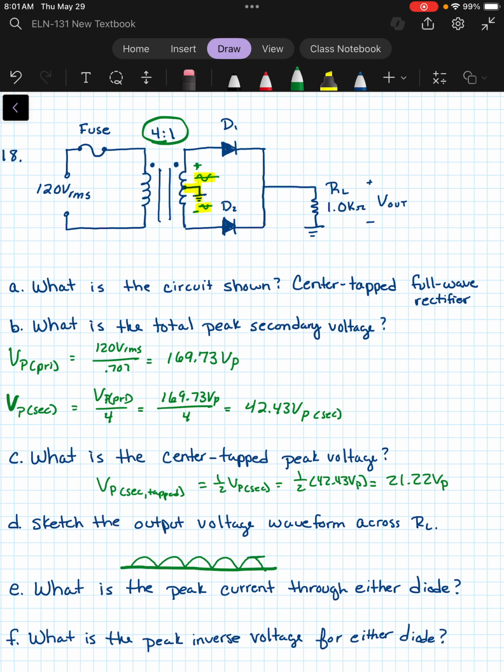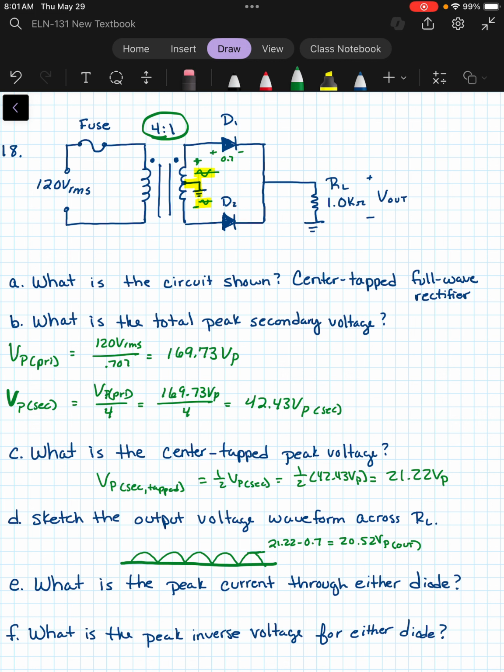And then the output here is going to be the 21.22 volts minus the 0.7 that we see as a drop on each side of the diode. So that means our peak there would be 20.5. I got 20.52, and that'll be our peak of the output.